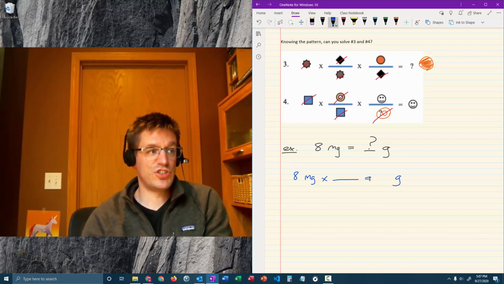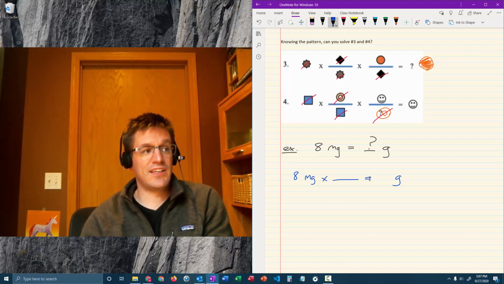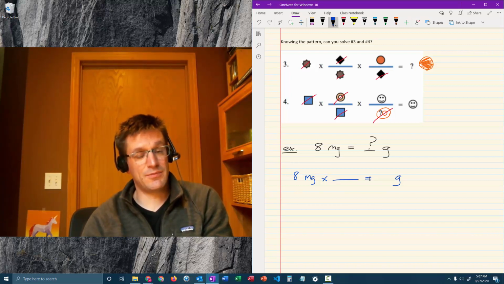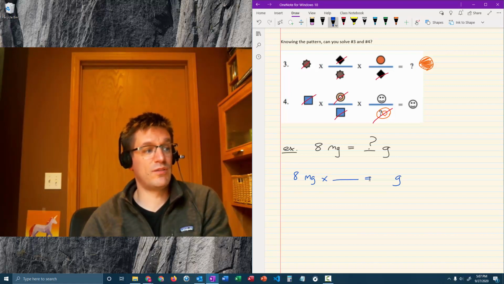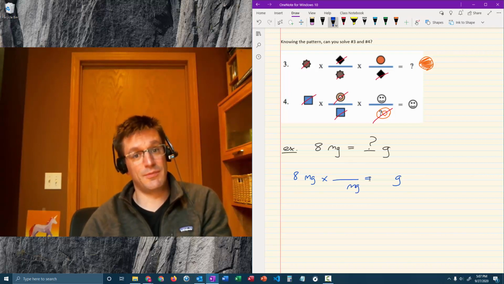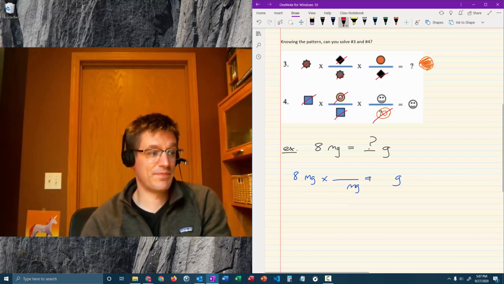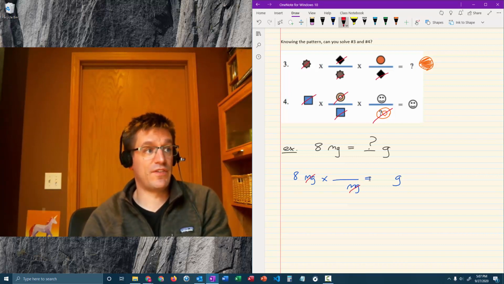Well, just like with the shapes, if I don't want milligrams in my final answer, just like I didn't want donut in my final answer here, I ended up adding a donut to the bottom so that they would cancel. So I can put milligrams in the bottom so that they cancel. I do need grams to show up in my final answer, so that means on top I must have grams.